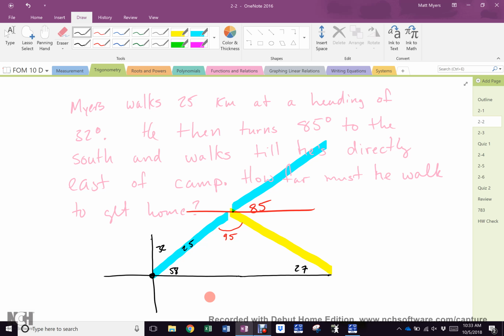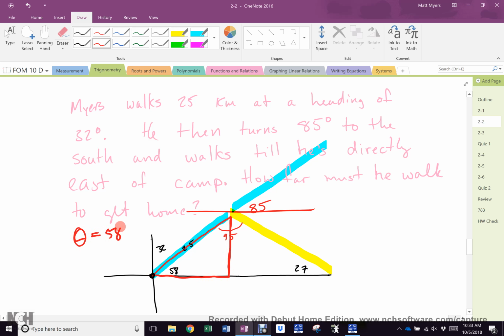So what would you have to do? Make a right angle. Where? Right down the middle. Right? Now, that gives me this red triangle, yes? Do I have a theta in the red triangle? What is it? 58.